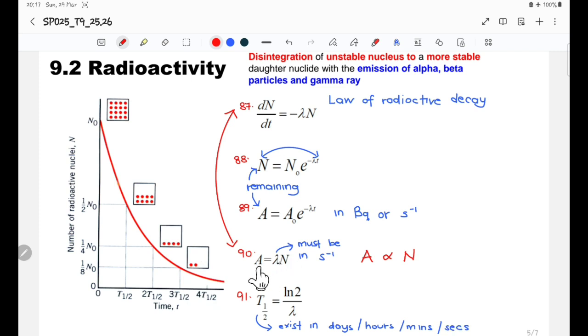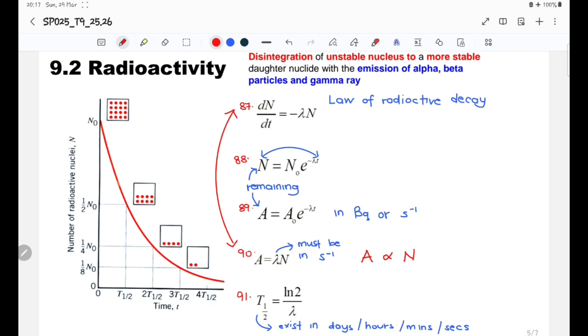However, if we want to use equation number 90, remember decay constant lambda must be in per second. Therefore, the half-life, if you are using equation number 90, must be in seconds. To get lambda in per second, you need to use half-life in seconds. So that's why we need to do a unit conversion for time.